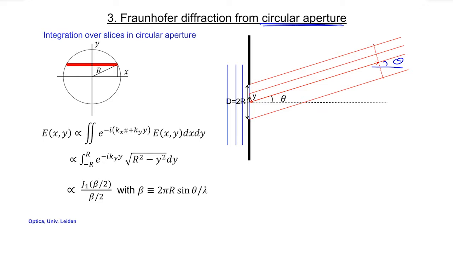So we consider kx is 0, or theta x is 0. We consider only the y dependence, but later on, it's easy to rotationally get the other components.